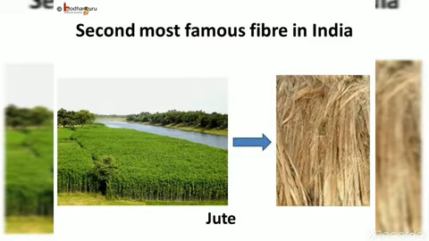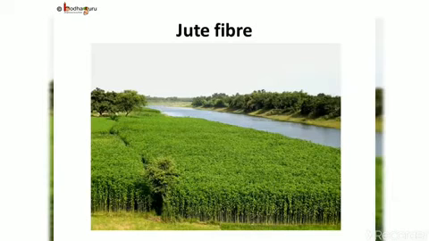Many beautiful bed sheets, curtains, carpets, etc. are made of jute fibers. The jute seed is sown during monsoon. In warm weather, the jute plant grows to 8 to 10 feet in height in 3 to 4 months, after which they are cut. Jute is harvested mainly in West Bengal.